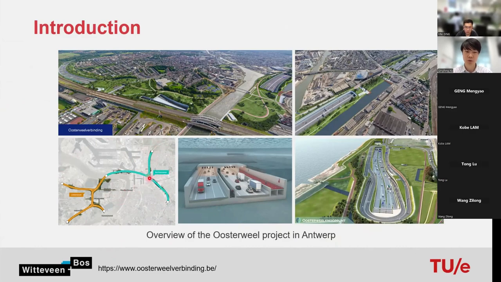We would like to build a lot of roads and infrastructure to connect Belgium with the Netherlands. The colored lines are the constructions we are doing now. There are a lot of roads, tunnels, and buildings there. And what I've been doing is the fire safe design for these infrastructures.